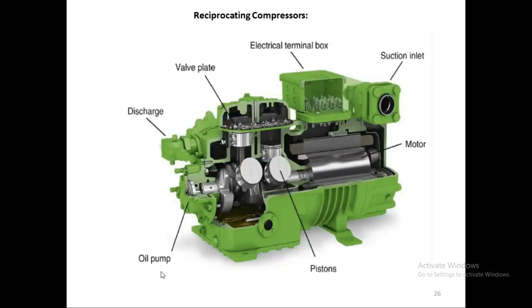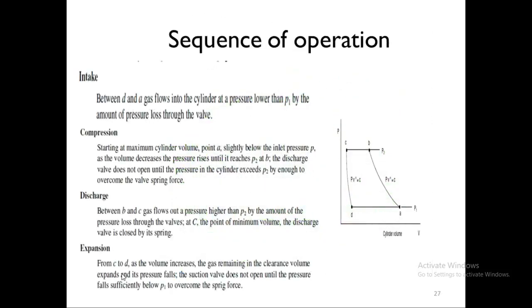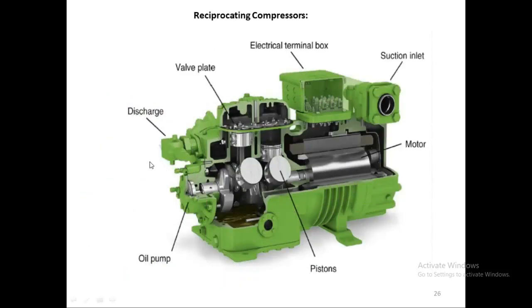So that's about all the compressors that I want to tell you about. Next time we will do a volumetric efficiency derivation for the reciprocating compressor and do some numericals. Thank you very much. If you have questions, I can answer them in your live session. I thank you again.